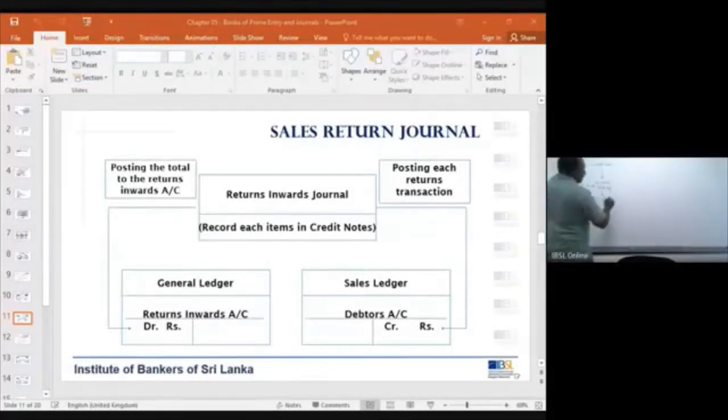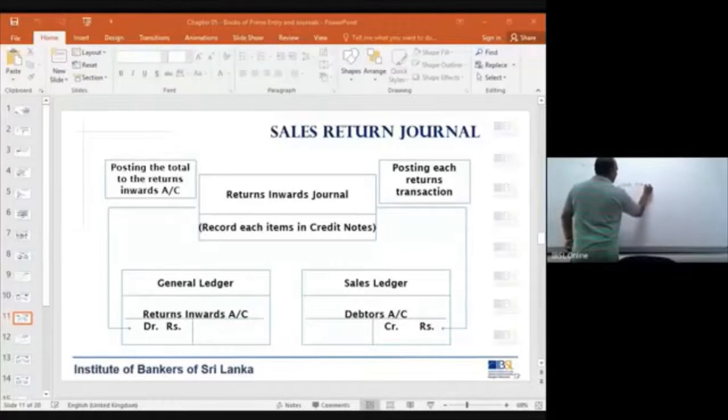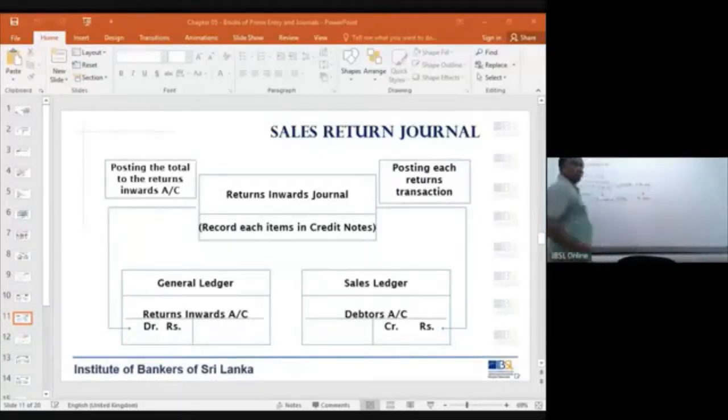And now after about 5 days, Mr. A brings back 3 units. So 3 units at the rate of 150 rupees will be 450 rupees.